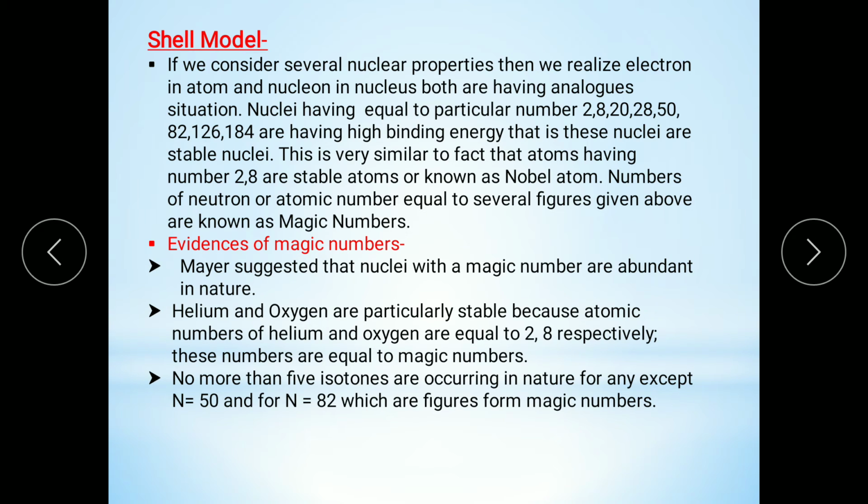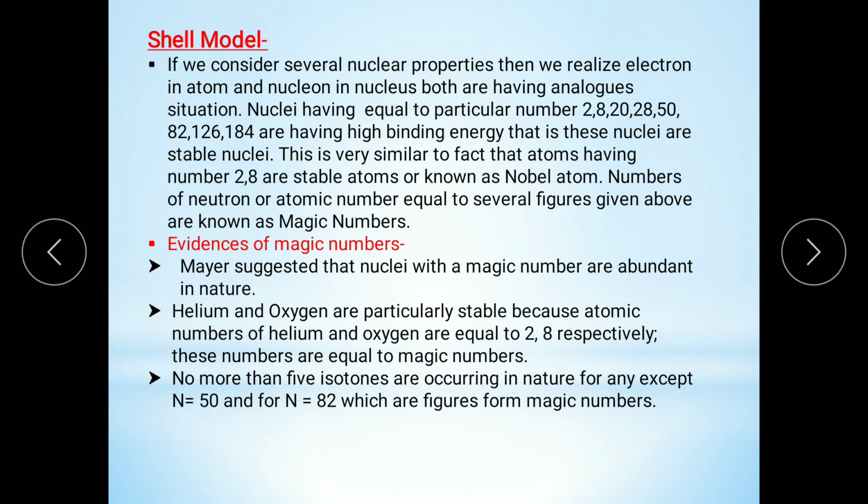Now, no more than 5 isotones occur in nature for any N except N equal to 50 and N equal to 82, which are magic numbers.